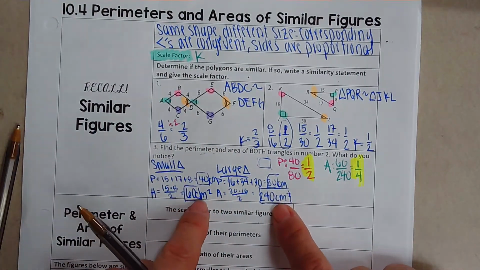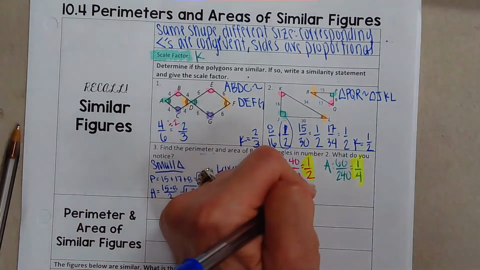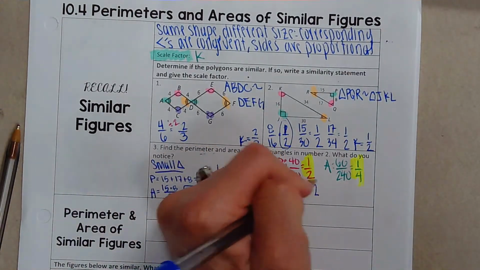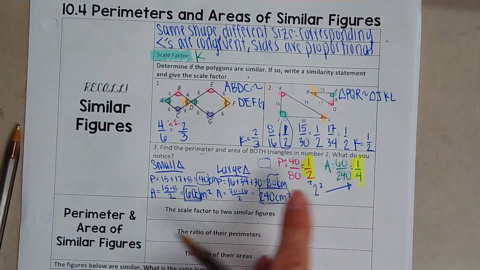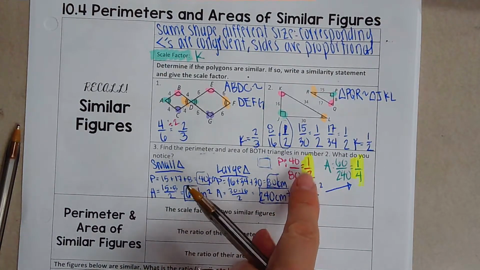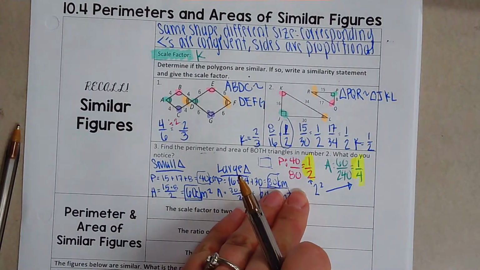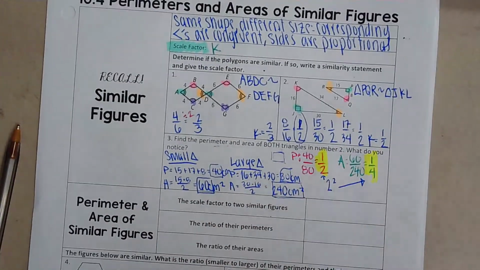When we get to area, it's centimeters squared. Well, isn't 2 squared equal to 4? Keep that in mind when we're working with scale factors. Perimeter is just going to be straight up normal, same with regular scale factor. When we think area, we're thinking squared.